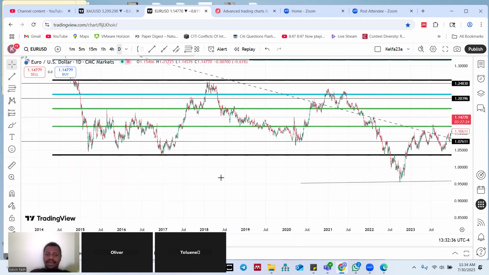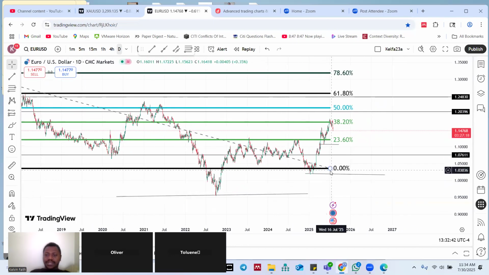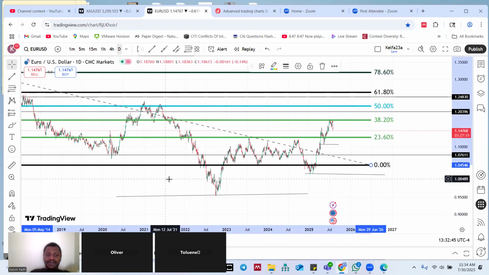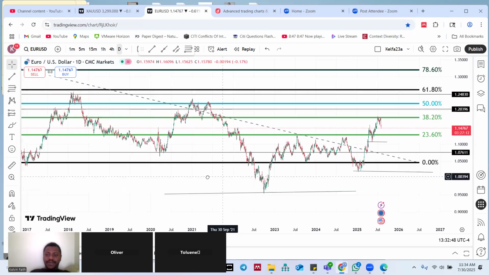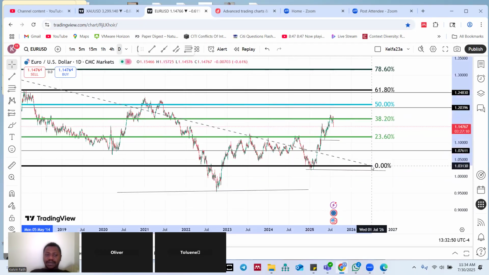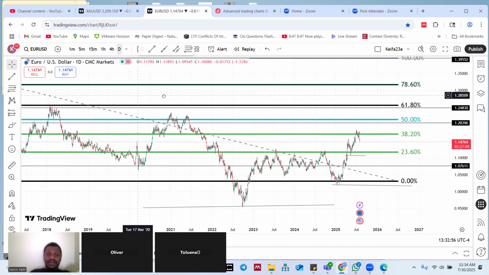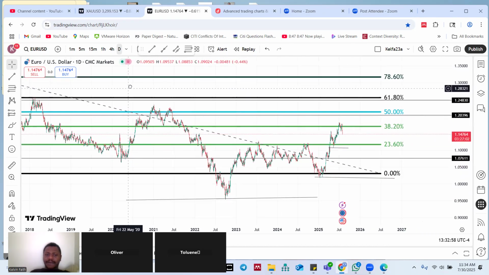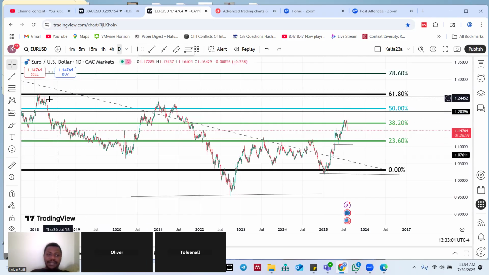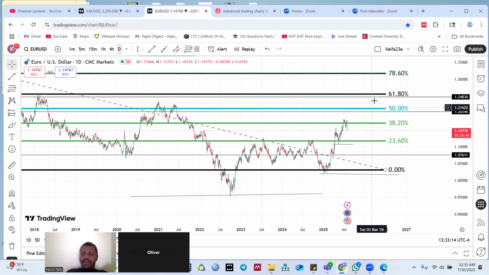Notice that this is just the Fibonacci that I'm using, which I'm pulling. Good, perfect. So notice that within this area, we are selling. Now, the current price action is at 38%. If I measure from that area, it's at 38%. It's still not into the equilibrium or, sorry, premium zone right now.